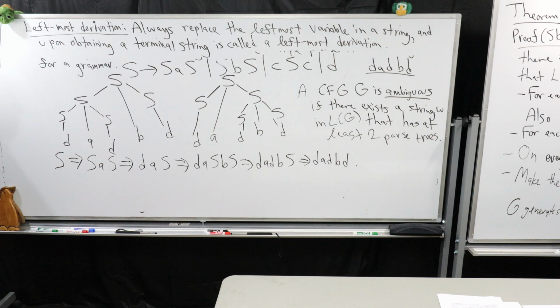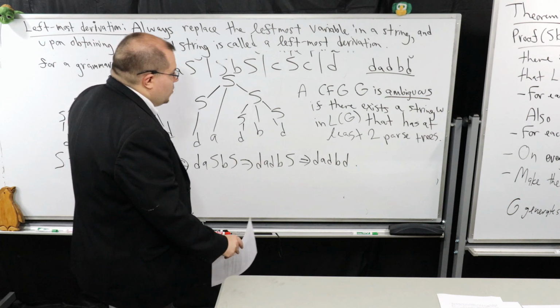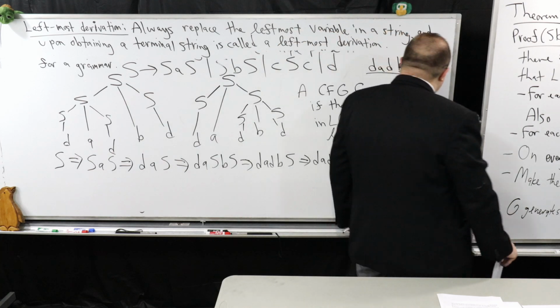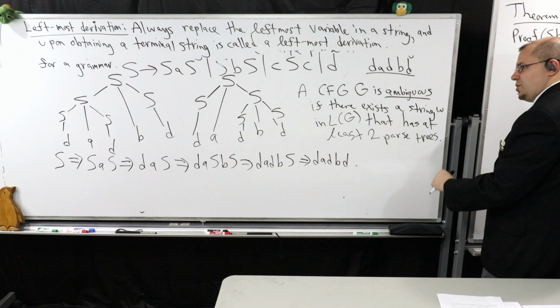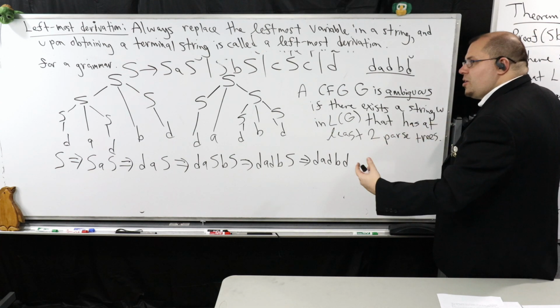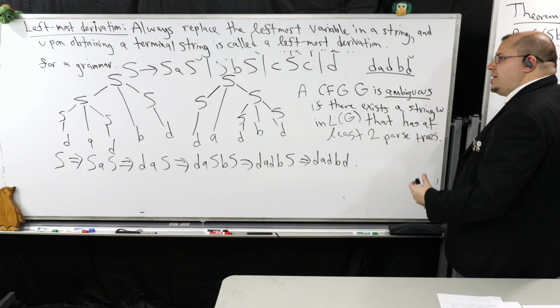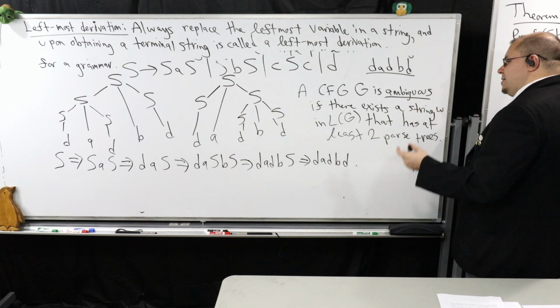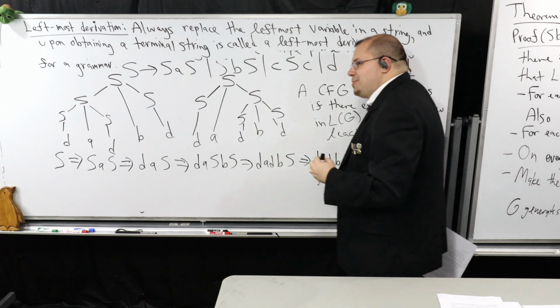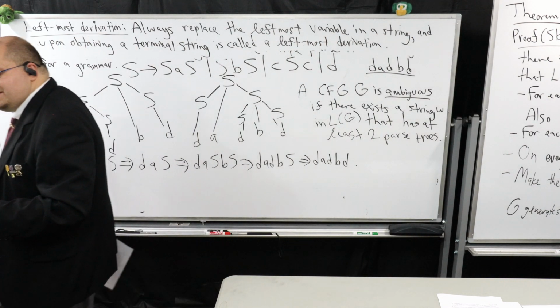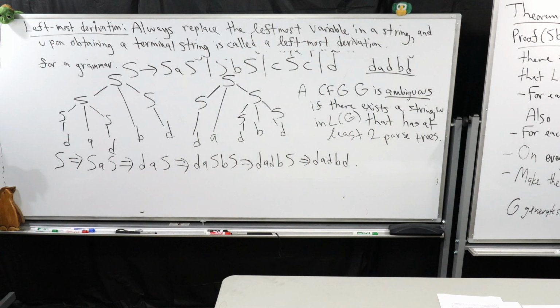So there's an equivalence between having 2 or more leftmost derivations and the fact that there exist at least 2 parse trees. So if you ever find yourself asking, is my context-free grammar ambiguous? If you could figure out a string, that's the hard part, where you could get 2 or more leftmost derivations that generate that string, then you know it's ambiguous.